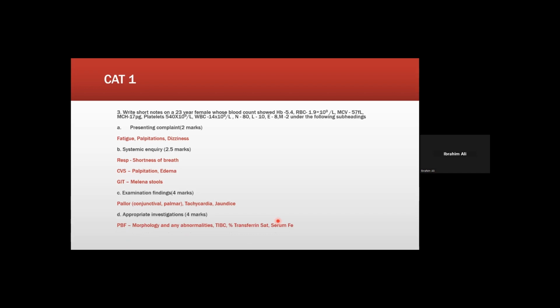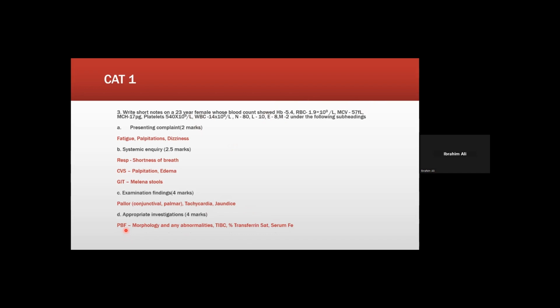By the way, for the hematological, we're not going to say complete blood count because it was already given in the question. Note this, please. If you put complete blood count as your first answer and it's given in the question, you will not be awarded marks for that.